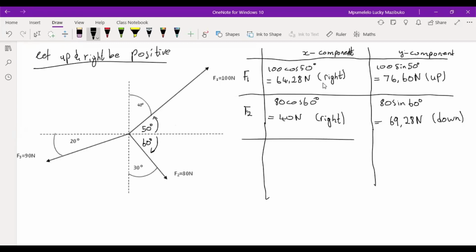And then we go to F3. For F3, I'm dealing with 90 cos 20.